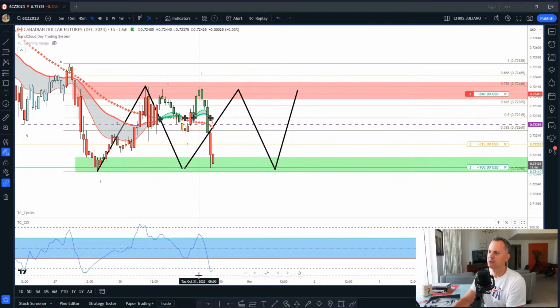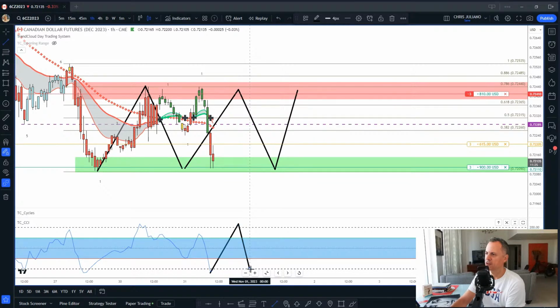Momentum is to the downside here, so we really like that. We like being below negative 200 here. But in a sideways market, again, it likes to do that: extreme break below, extreme break above, extreme break below, extreme break above. This is what we are going to look at.